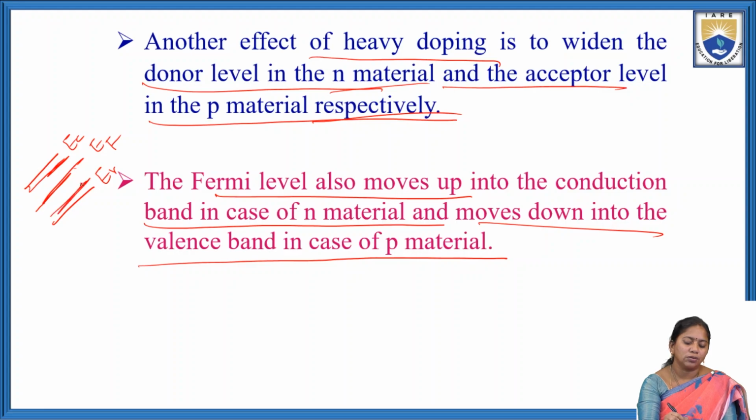For N-type material, the Fermi level moves upward into the conduction band, and for P-type material, the Fermi level moves downward into the valence band.